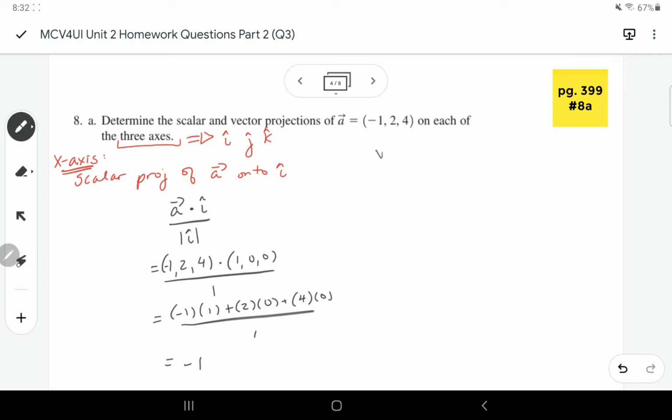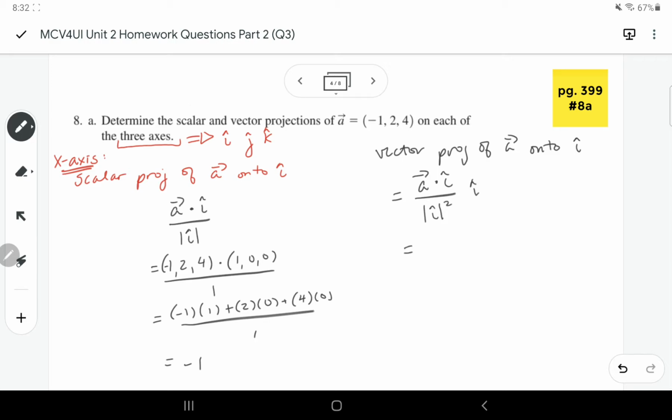The vector projection of A onto i hat, remember that that is going to be A dot i hat over the magnitude of i hat squared times i hat.